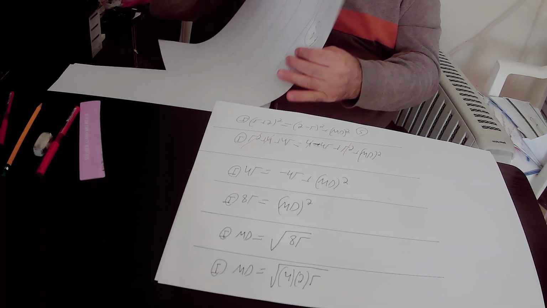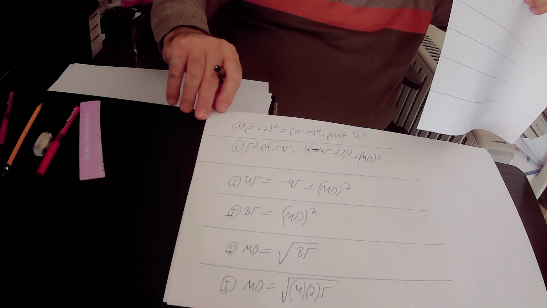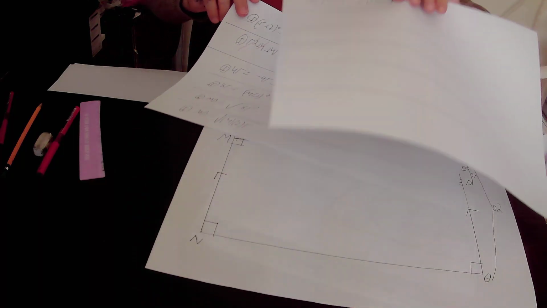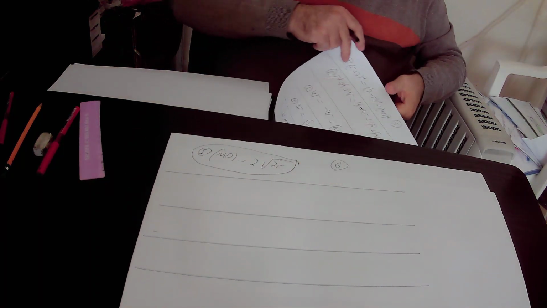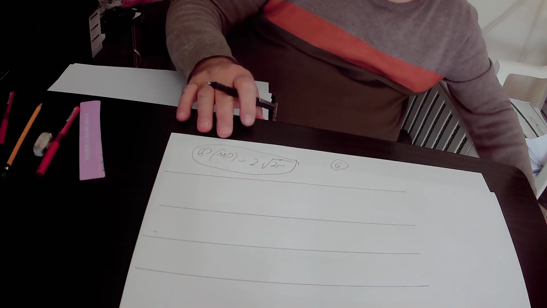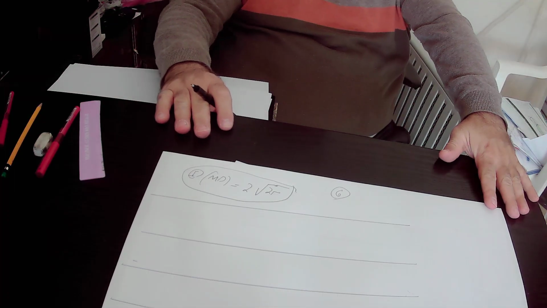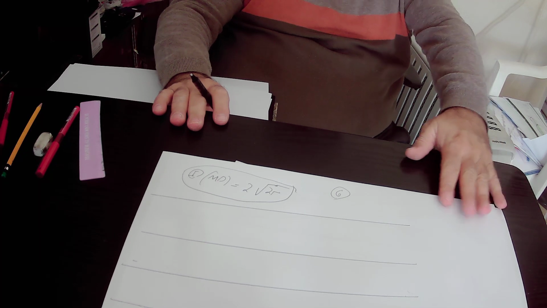So we actually found out that md equals to 2 times square root of 2r.